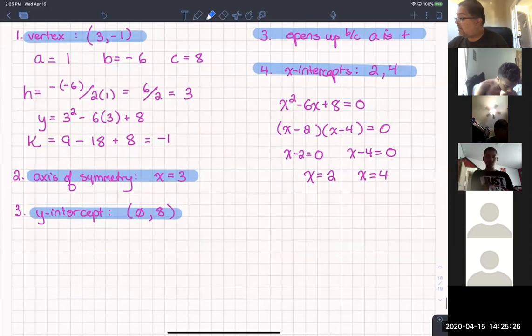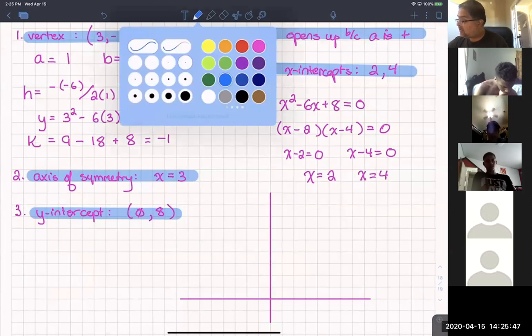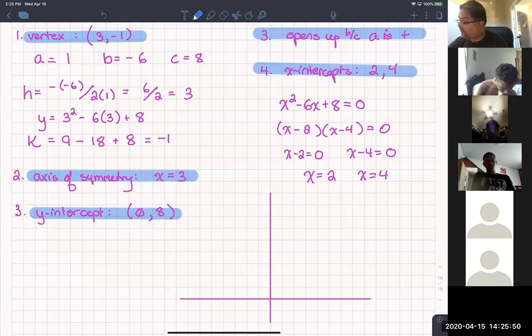So now, knowing all of that, we can graph it. So it crosses at 3, -1. It crosses the x-axis at 2 and at 4.